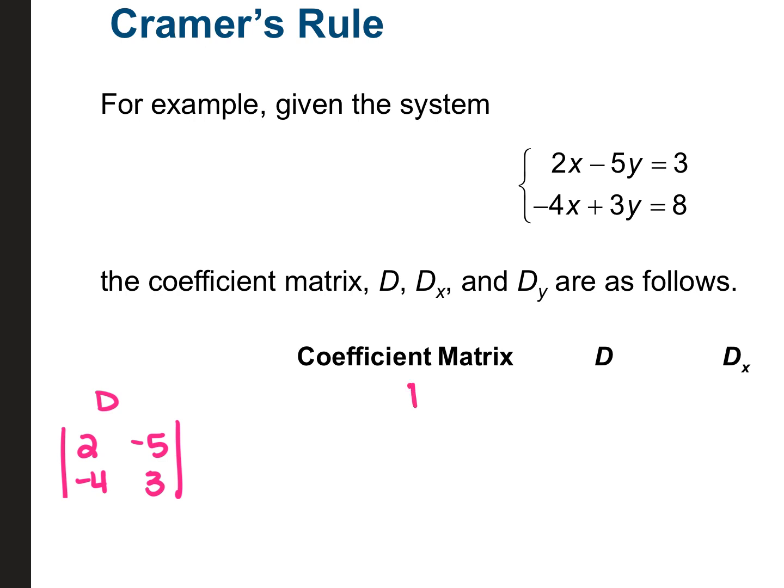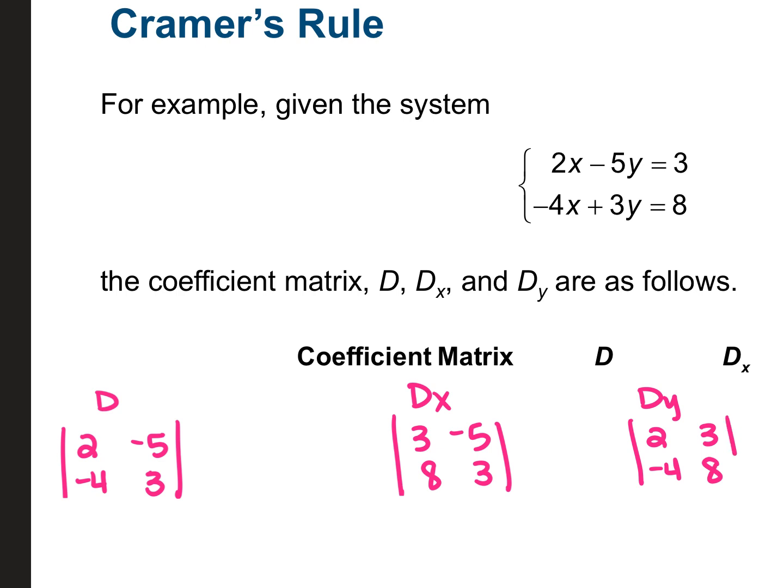Your D sub x, you're going to replace the x values with your answers, so that's going to be 3 and 8, and the negative 5 and the 3 is going to stay. And your D sub y is going to get rid of your y values, replace those with your answers. So 2 and negative 4 stay, your negative 5 becomes a 3, your 3 becomes the 8.